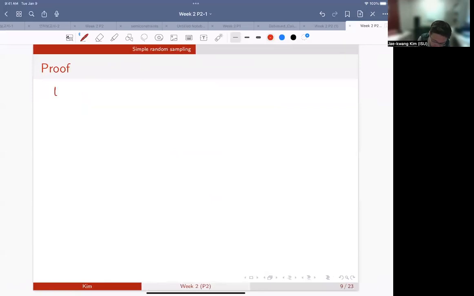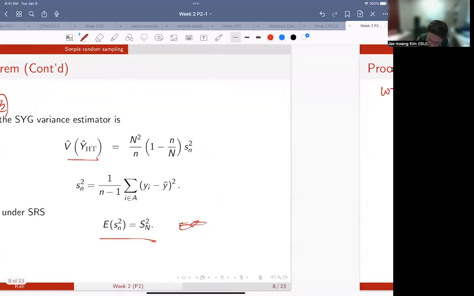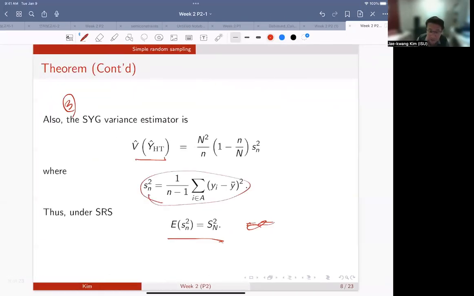To emphasize, this is a sample quantity, a statistic or estimator, and it turns out that this sn squared is unbiased for the population Sn squared.